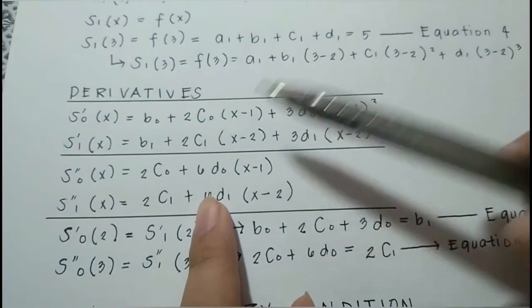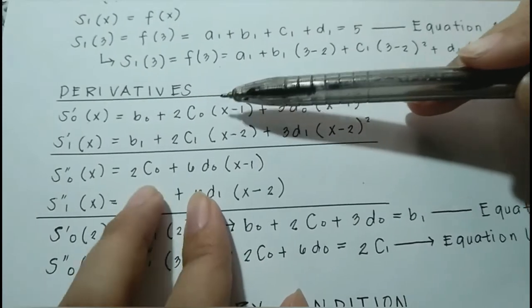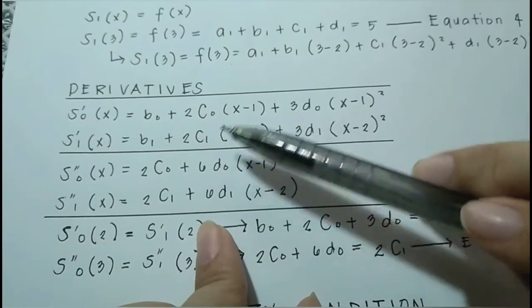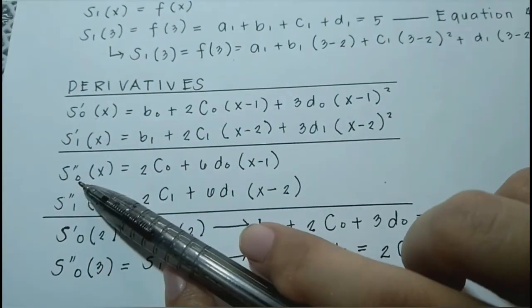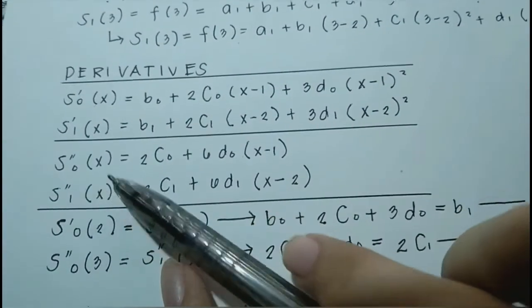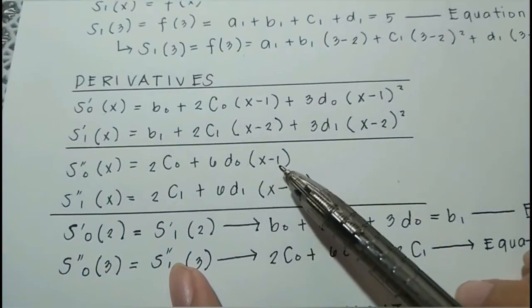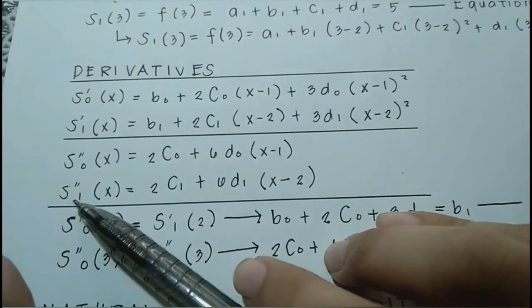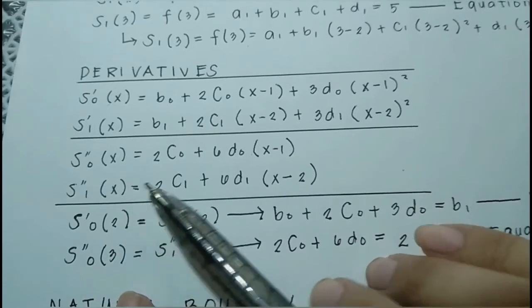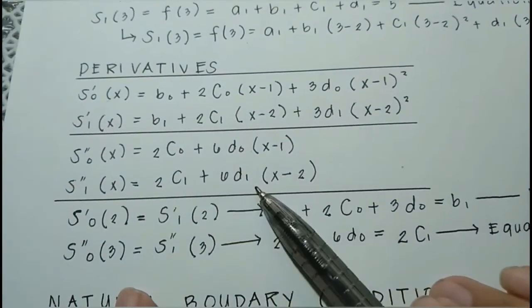So after getting the first derivatives, we also get the second derivative, which is s node double prime of x is equal to 2c node plus 6d node x minus 1. Then s sub 1 double prime of x is equal to 2c1 plus 6d1 x minus 2.